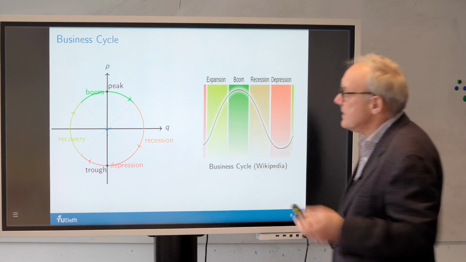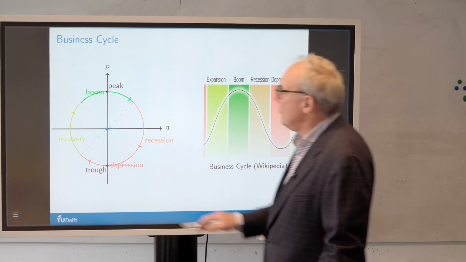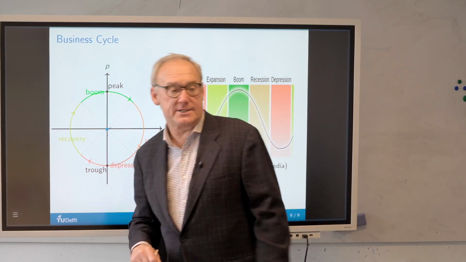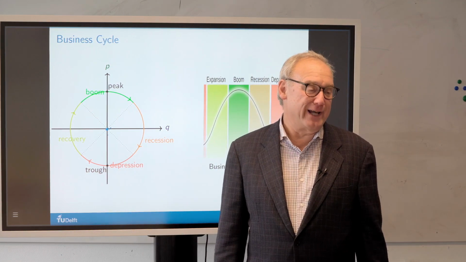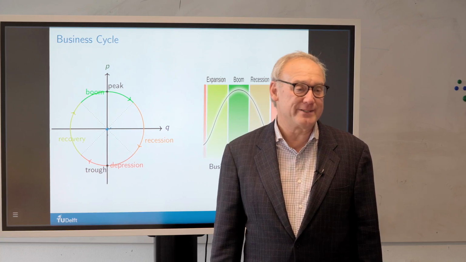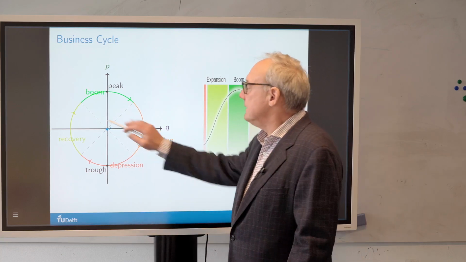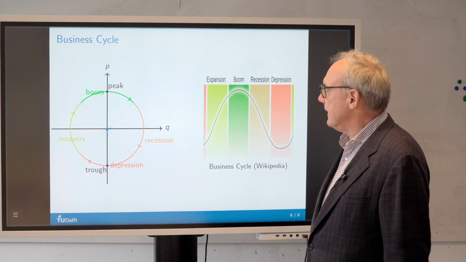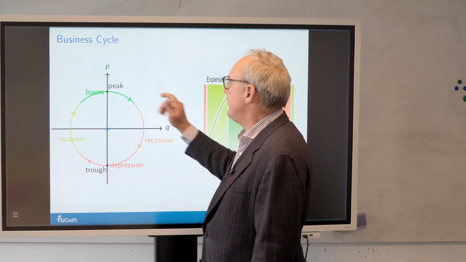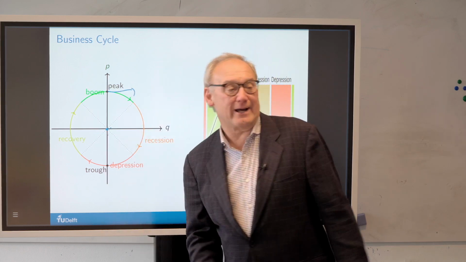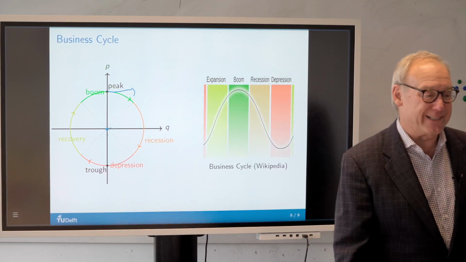Well, what happens is the economy seems to move between what they call a peak, when prices are high, right, to a trough when prices are low and we're in depressions, all right? So they identify 3 phases. So this is the boom phase with high prices and a lot of volume going on, right?